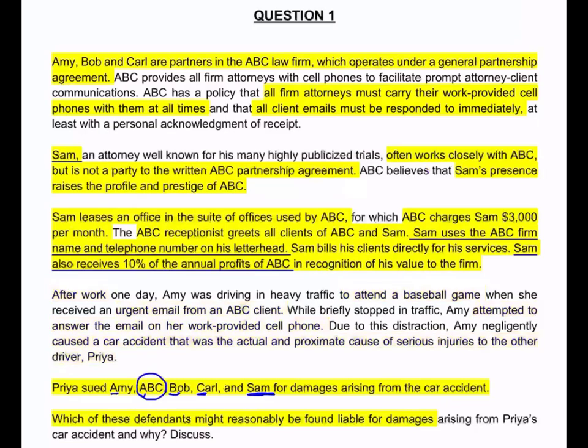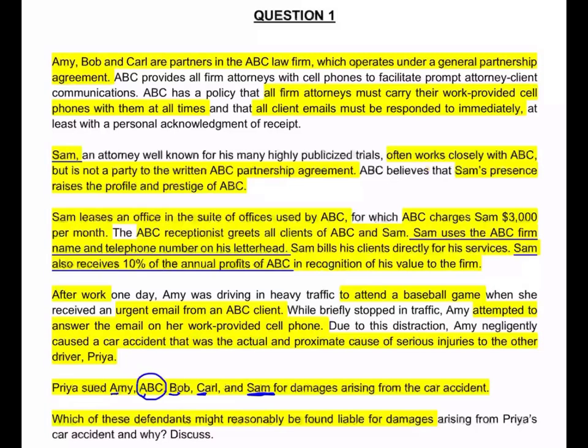Due to the distraction, Amy negligently caused a car accident that was the actual and proximate cause of serious injuries to the other driver, Priya. Okay, so Sam didn't cause the accident. Amy did, and Amy did because she was performing a partnership required task.